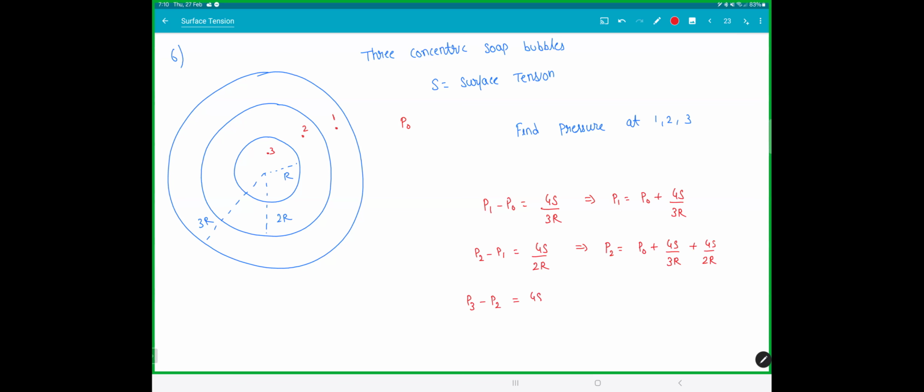P3 minus P2 will be 4s by r. So P3 is P naught plus 4s by 3r plus 4s by 2r plus 4s by r. Make sense? You just keep adding for every surface and you're done. Easy.